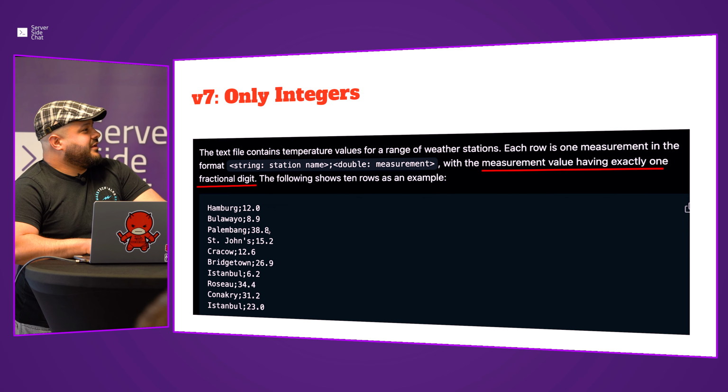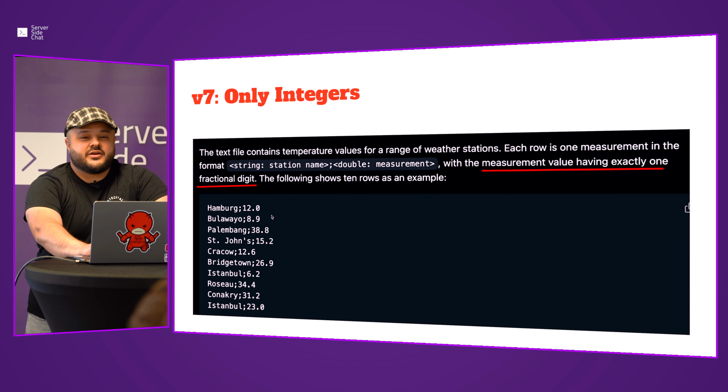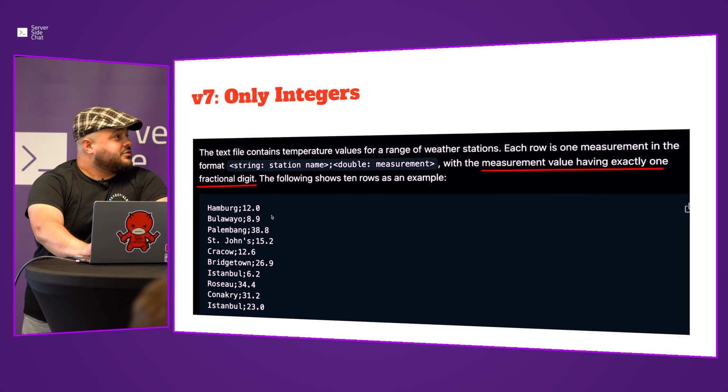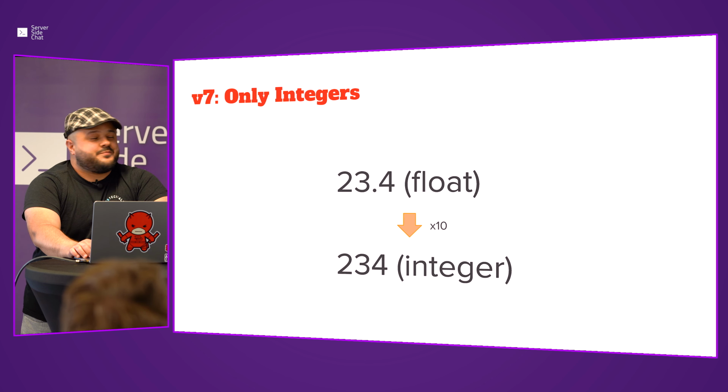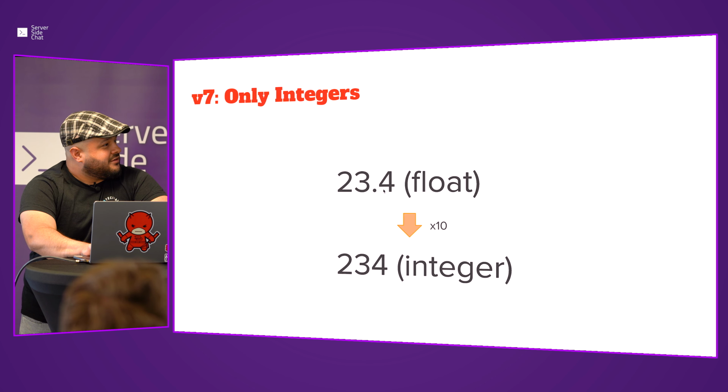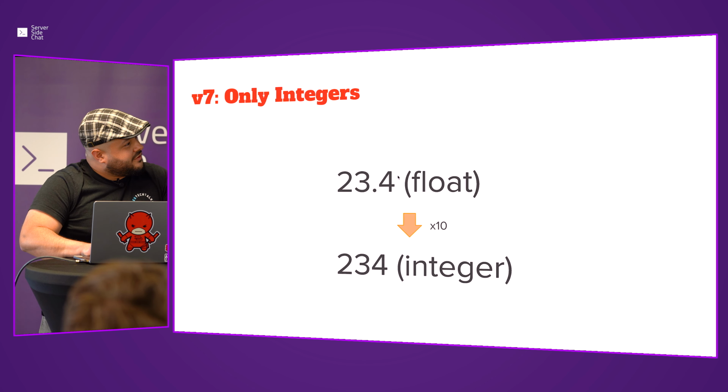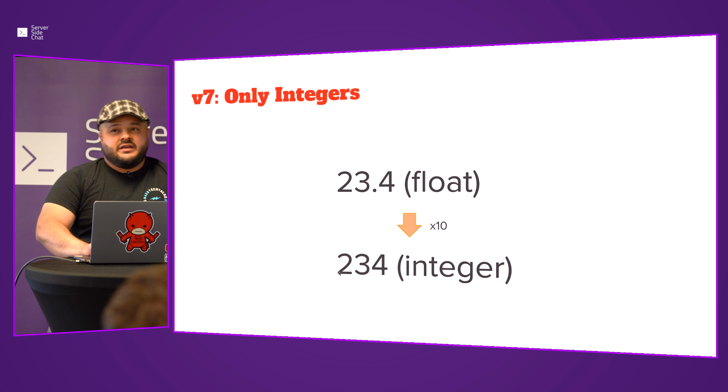So instead of doing all these aggregations on a float, you can do that on an integer. Basically, if you just read the string and multiply by 10, you get an integer.